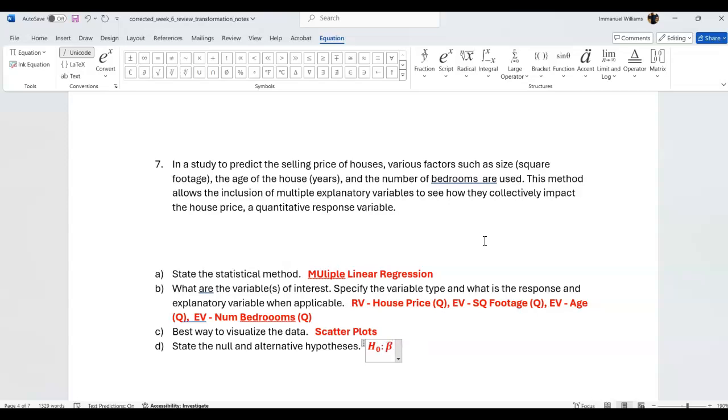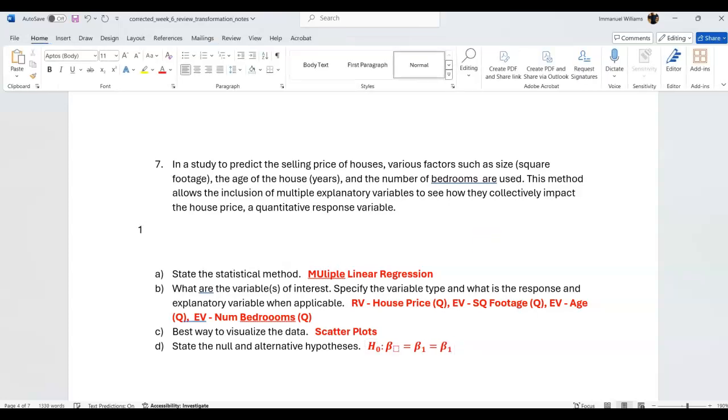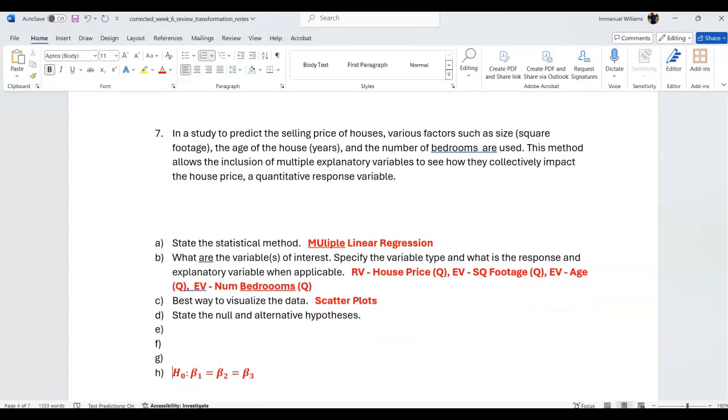Since there are 3 explanatory variables, there have to be 3 regression coefficients. So this is 1, this is 2, and this is 3. It doesn't matter the order you put this in.